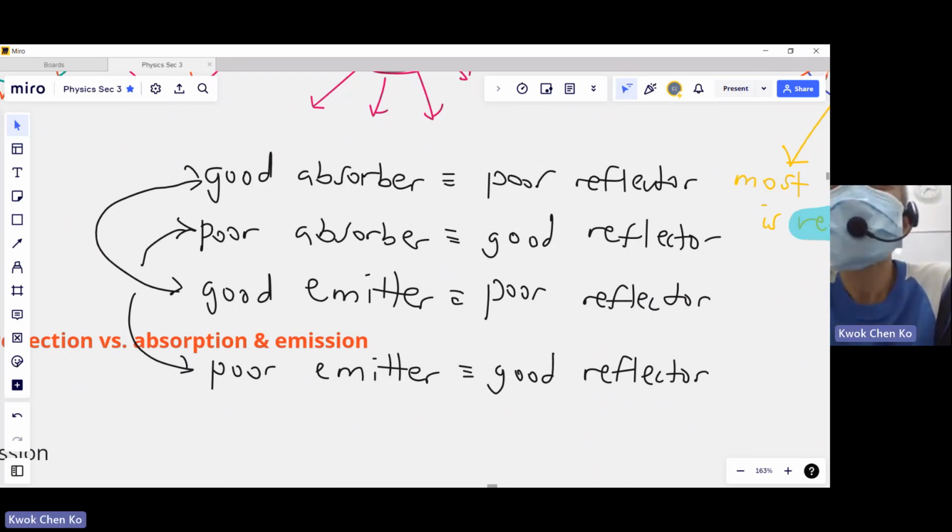Okay, never mind. You write down all this first. This third and fourth sentence you can follow, right? Good absorber is a good emitter. And therefore, good emitter is a poor reflector.